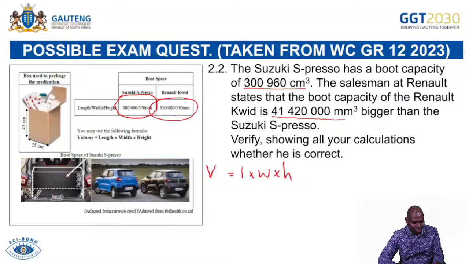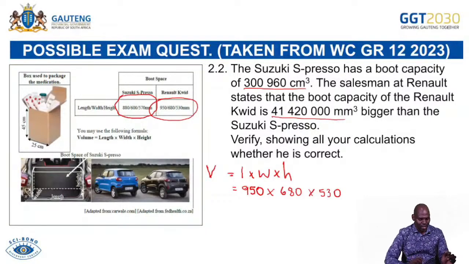The length of the Renault Kwid is 950 millimeters, multiplied by the width, 680, and the height, 530. The formula was given: length times width times height.